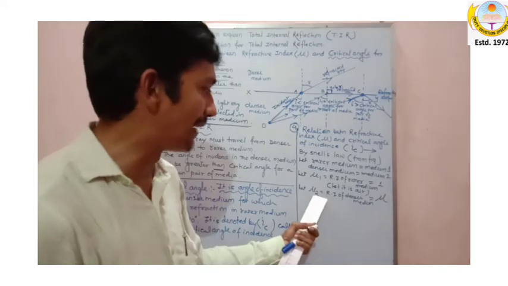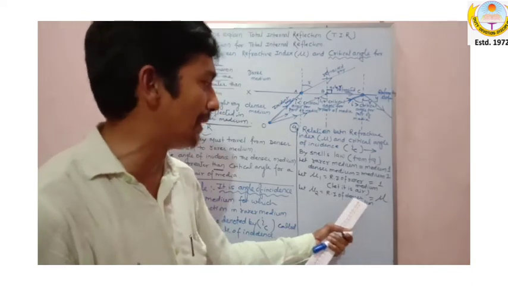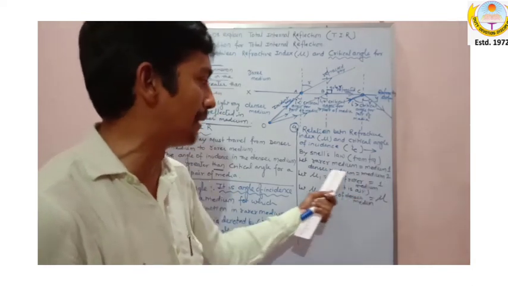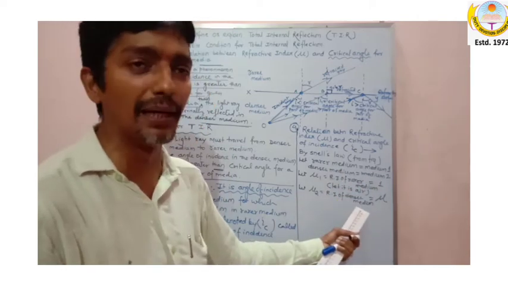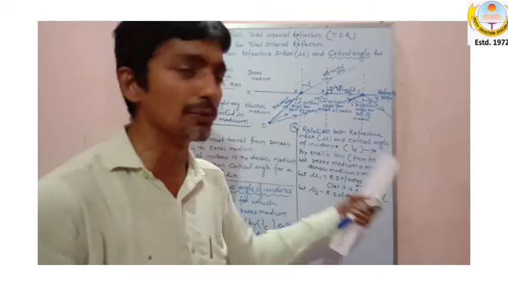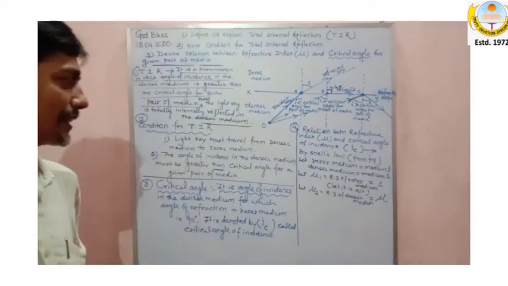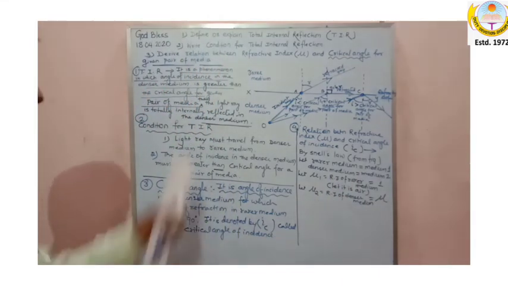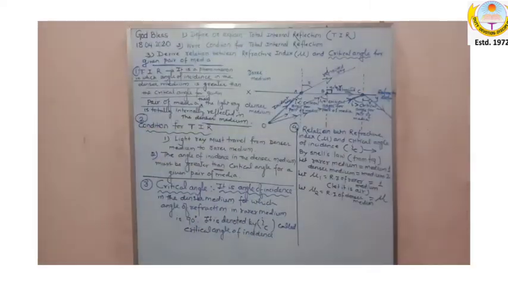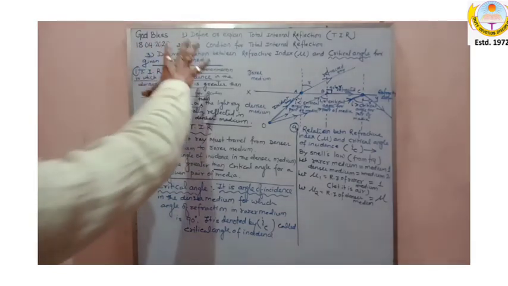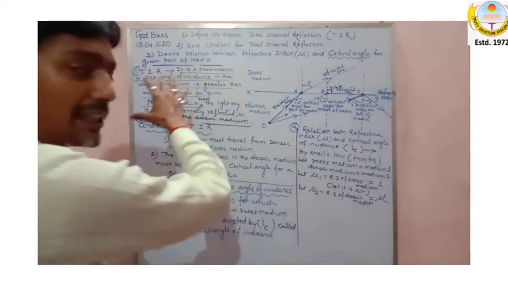But if I take mu 2 as the RI of denser medium, because the second medium is a denser medium, let mu 2 be taken as mu. I hope this is clear. Now I am rubbing this side and continuing on this side. I will pause after writing this.